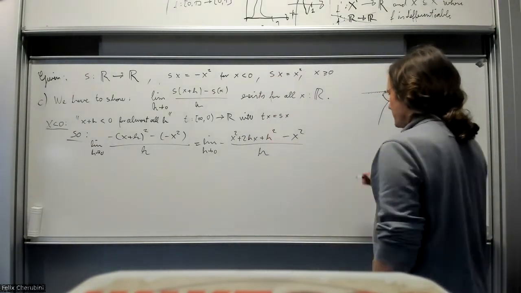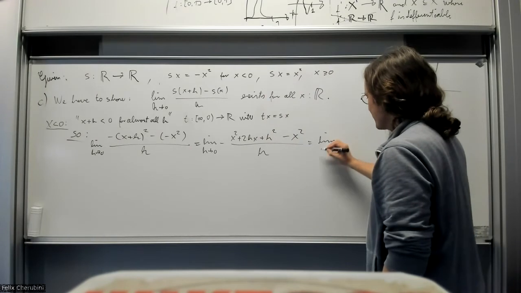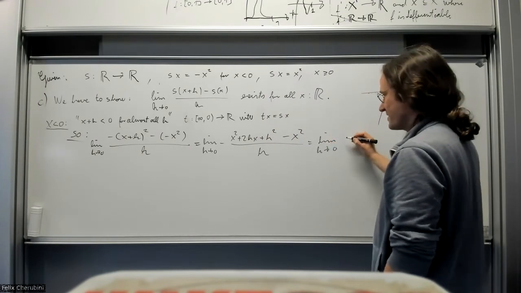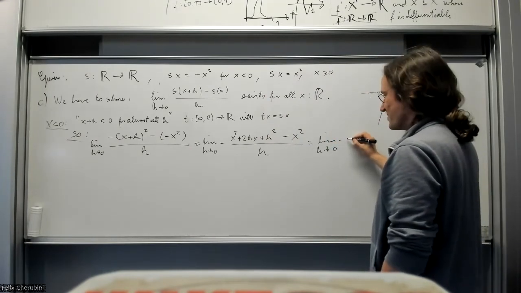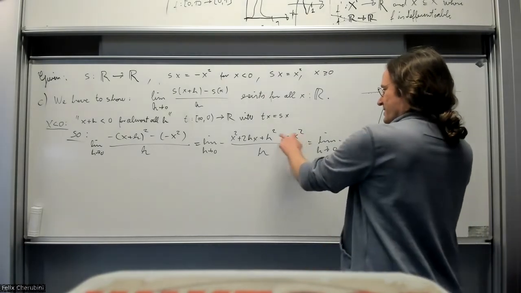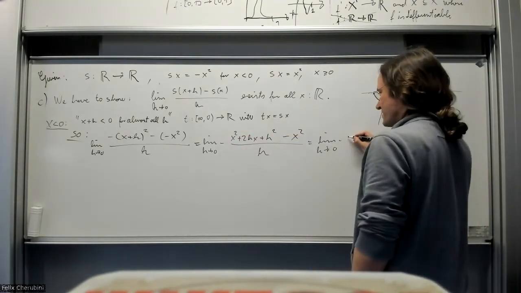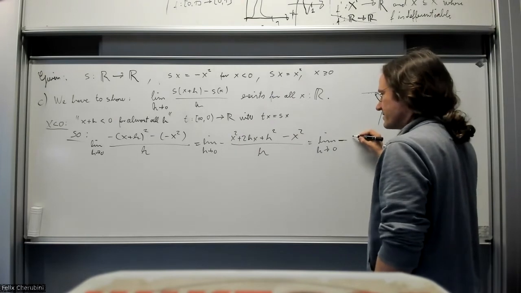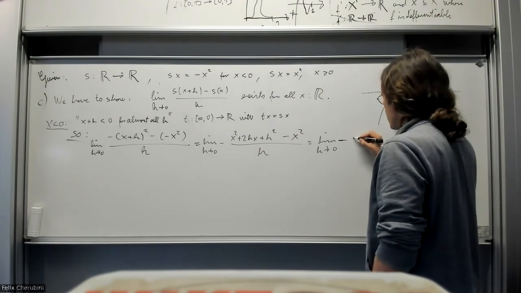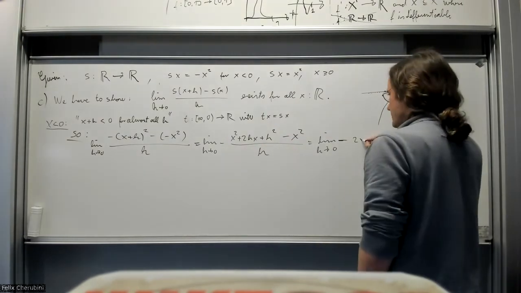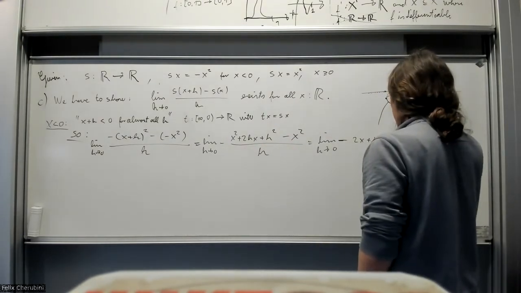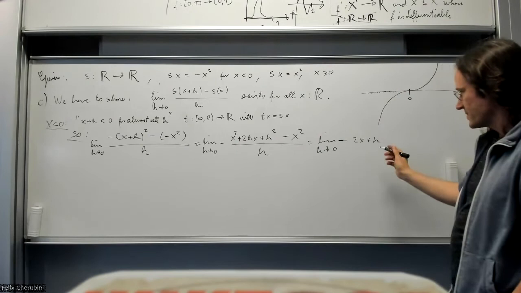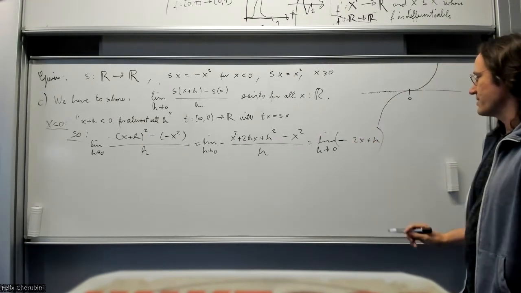And continue calculating, because I guess this is something you're all comfortable with. These cancel out, which is good. And then I just have minus, and I divide by h, 2x plus h. Some case we talked about earlier.